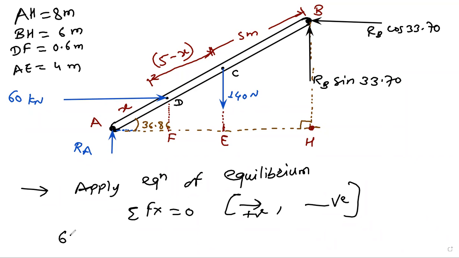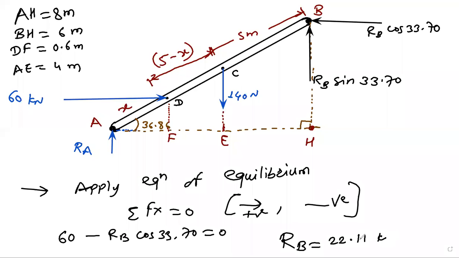So 60 positive minus RB cos of 33.70 is equal to 0. Find out RB is equal to how much? 60 divided by cos 33.70. Yes, 72.11 kilonewton. That is the value of RB.